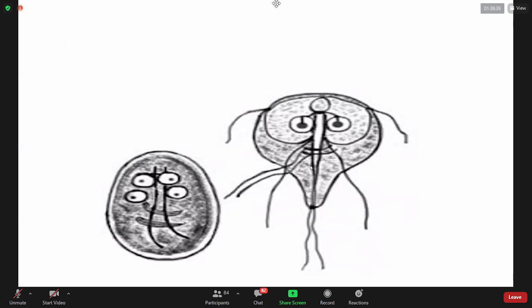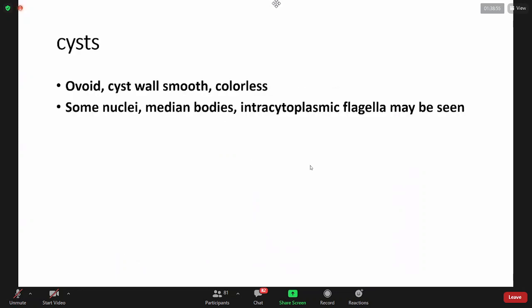So the one on the right is the shape of the trophozoite. You can see the bilateral symmetry, and the one on the left is the cyst. So the cyst is ovoid. It has a cyst wall that is smooth and colorless.